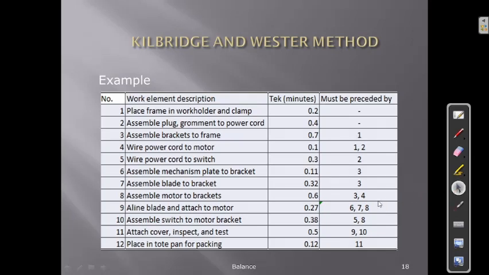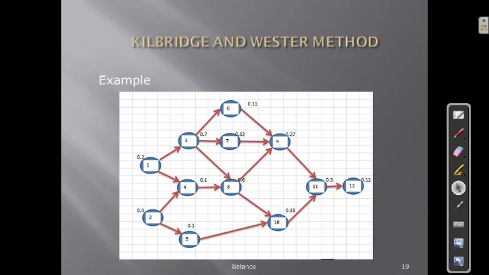After the precedence diagram, in the largest candidate rule we take the elements in descending order. But in the Gilbert and Wester method, we go for another approach.